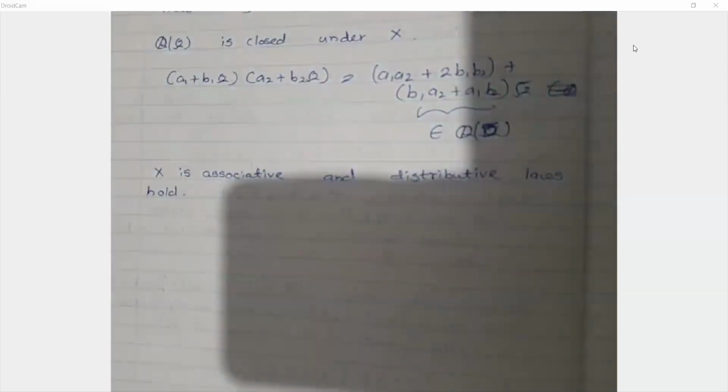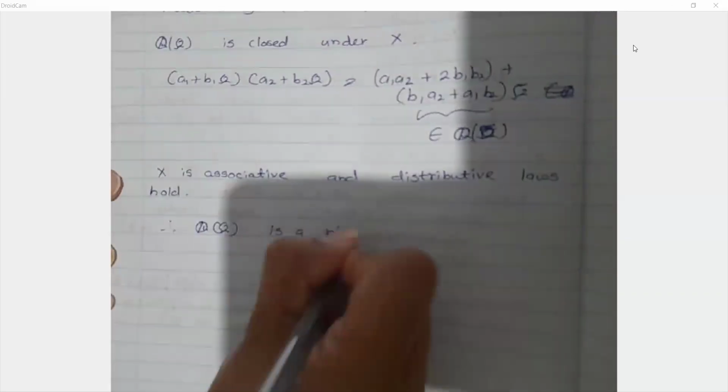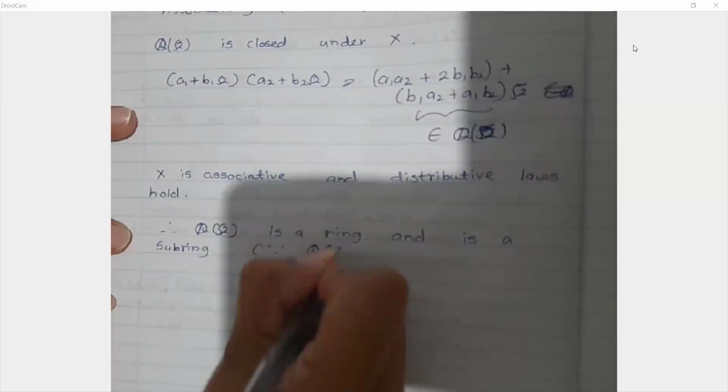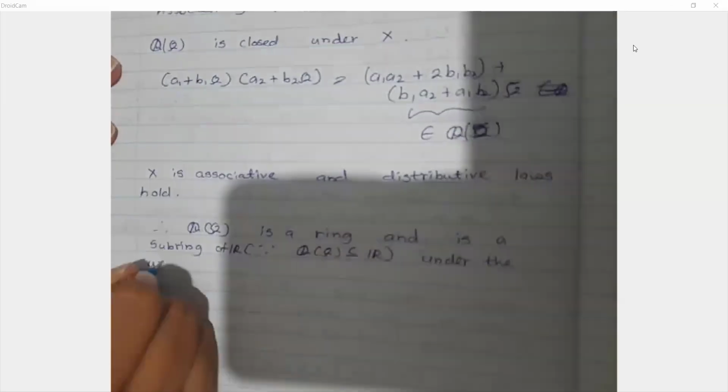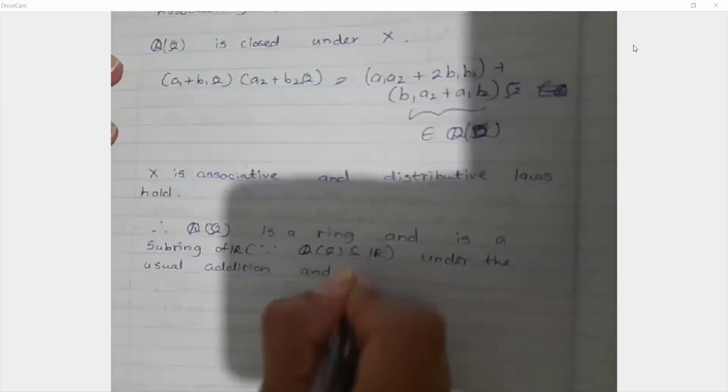Therefore, by definition, Q root 2 is a ring, and furthermore, it's a subring because it's a subset of R under the usual addition and multiplication.